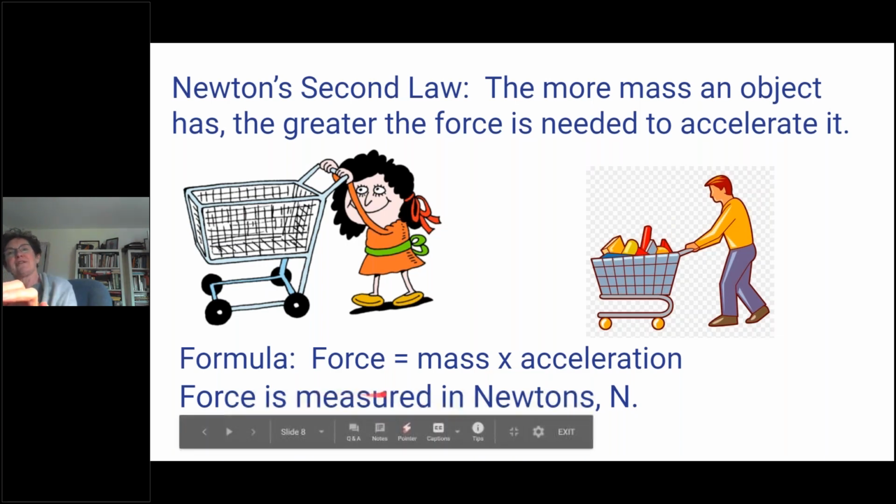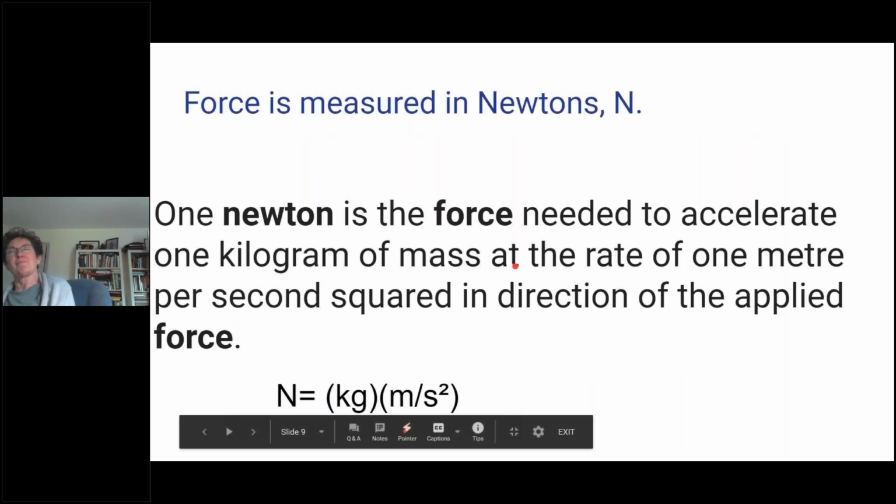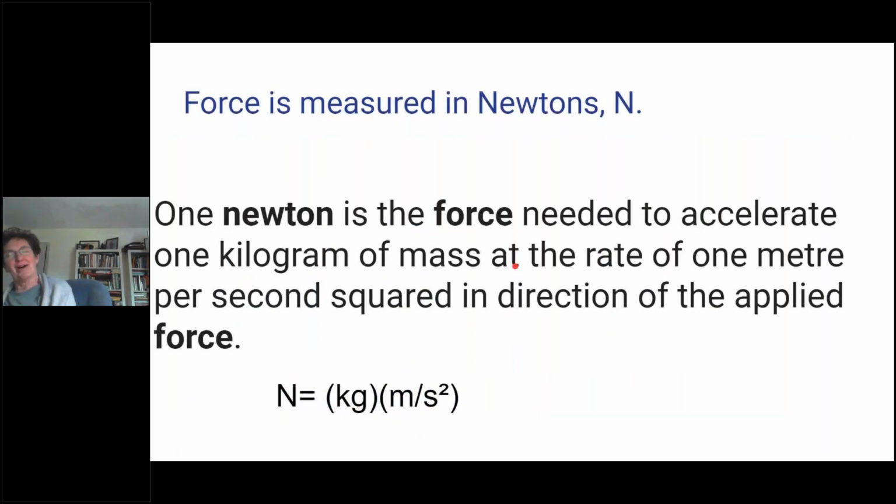They are, of course, named after Sir Isaac Newton, who came up with the three laws of forces and motions. So force is measured in newtons, represented by the capital letter N. 1 newton is the force needed to accelerate 1 kilogram of mass at the rate of 1 meter per second squared in the direction of the applied force.